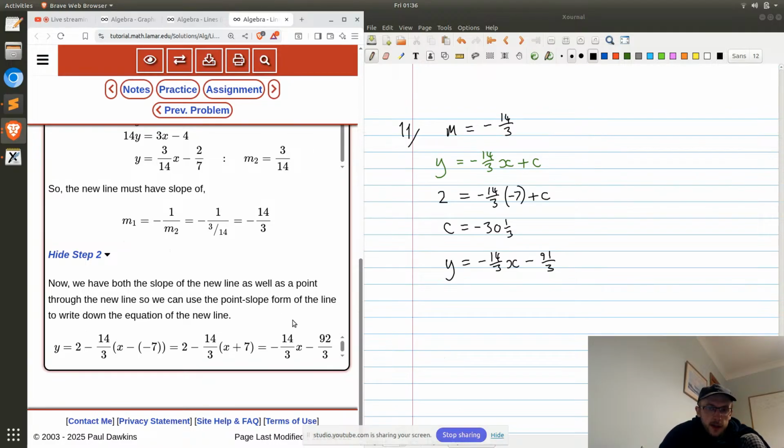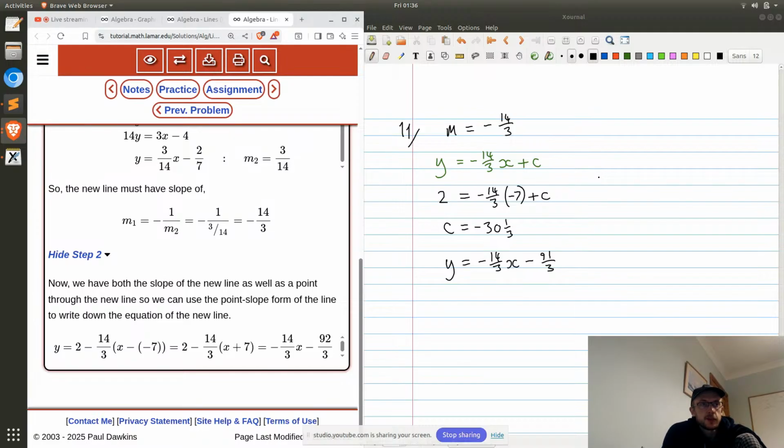Now, y is equal to -14/3x minus, should be 92. Okay, where did I falter? Just off by 1/3. Let's see. Okay, so -14 times -7 is indeed 98.